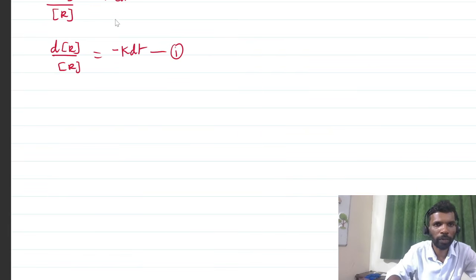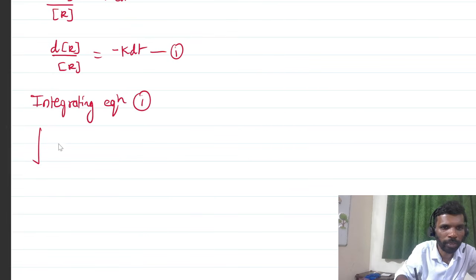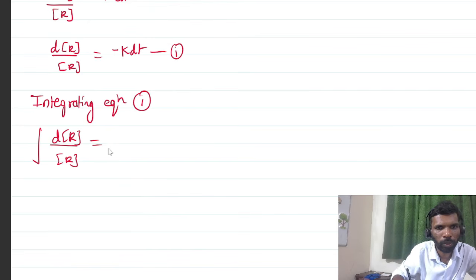So integrating equation 1, I'll write this term as dR by R is equal to integral of minus K dt.